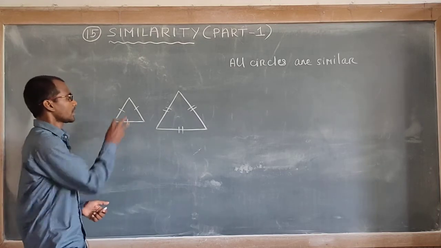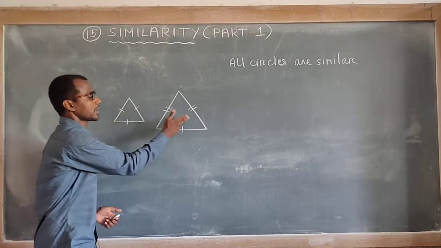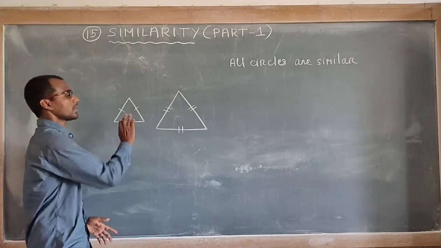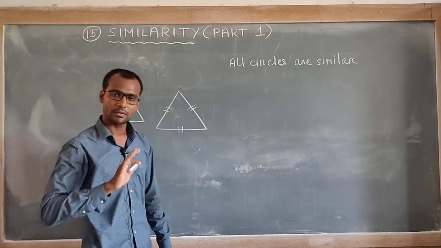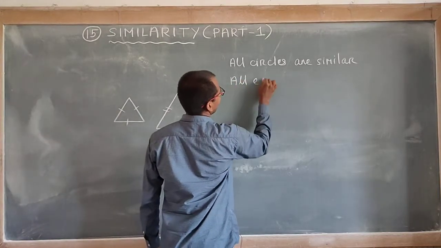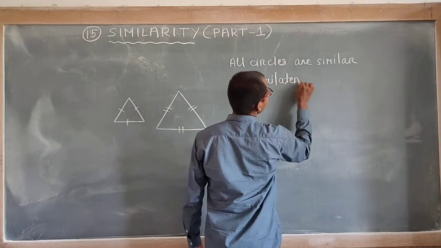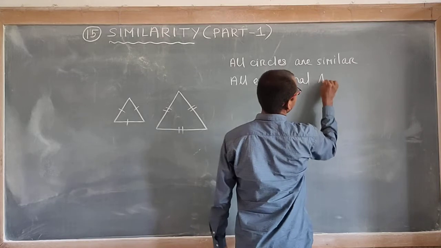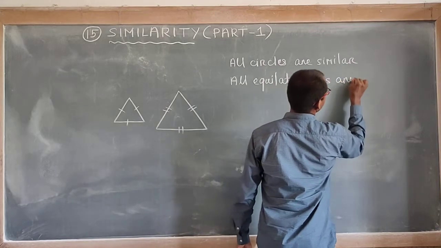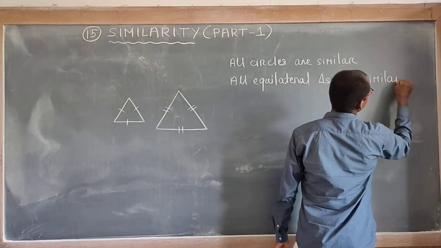Means if you magnify this small one, you can get this one. So we can say these two equilateral triangles are also similar. In fact, all equilateral triangles are similar.